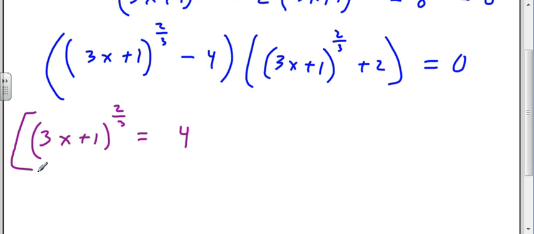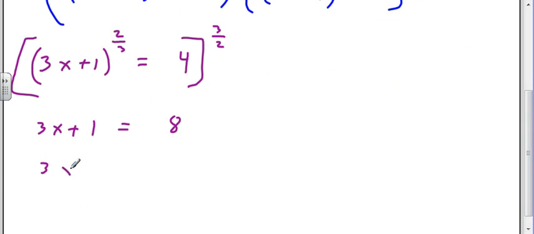Okay, and I'm going to raise it to the 3/2 power. So I got 3x plus 1 is equal to 8. I got 3x is equal to 7. I have x is equal to 7/3.